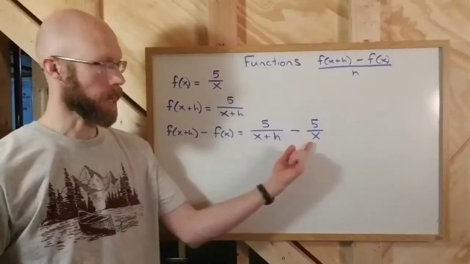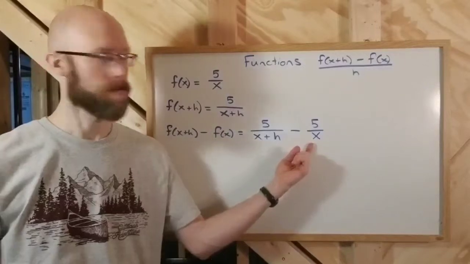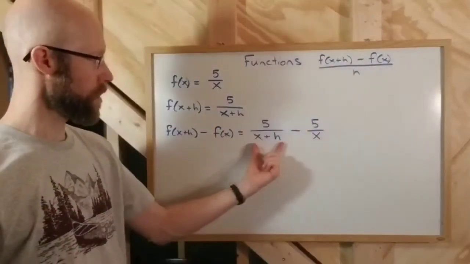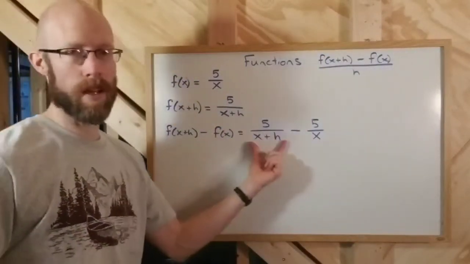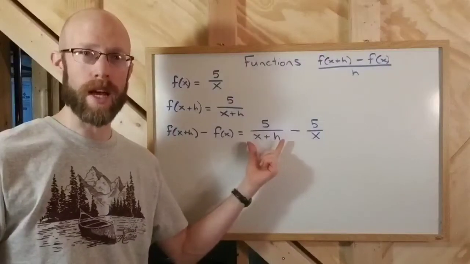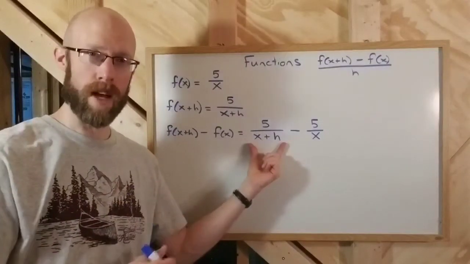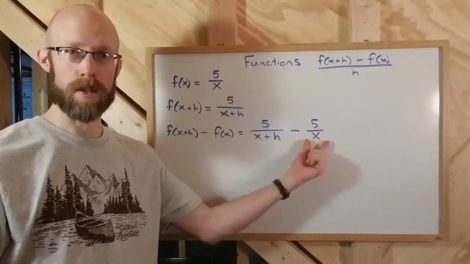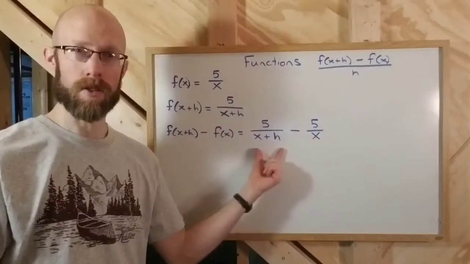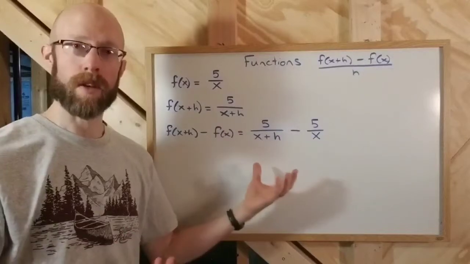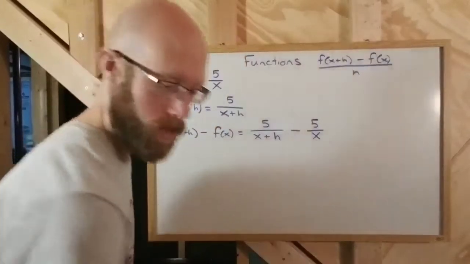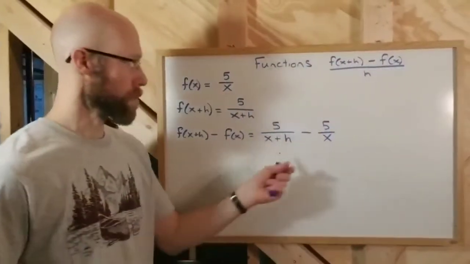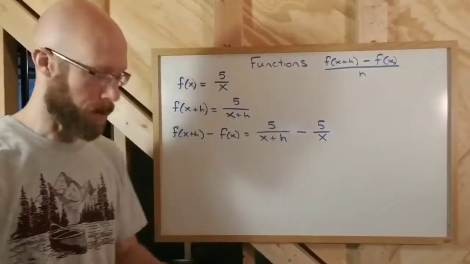To do that, I need a common denominator, an LCD. Here I look at the factors of these two denominators, and they don't have anything in common, right? So the x plus h is the only factor on the first one, x is the only factor on the second one. Because there's no x plus h here, and there's no x by itself here, they don't have any common factors. So the LCD is going to be the product of the two denominators.